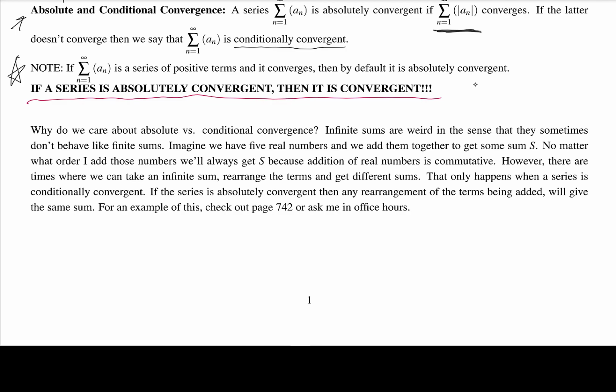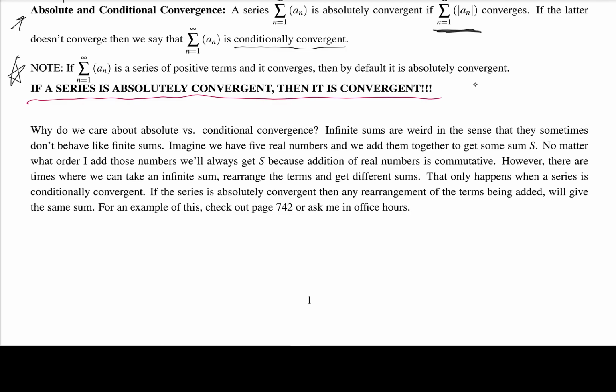Now, if you want to, you can skip past this explanation that I'm about to read off. Or if you're interested, you can listen to this. But this is telling you why we care about absolute versus conditional convergence. So infinite sums are kind of weird in the sense that sometimes they're not like our finite sums.